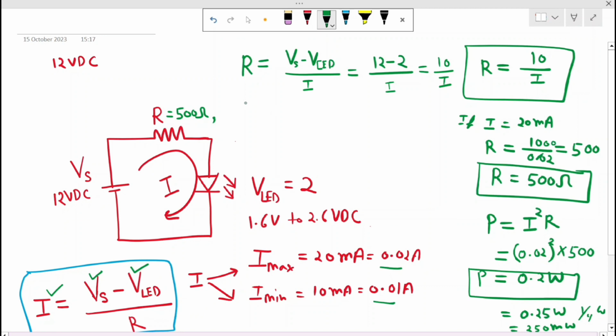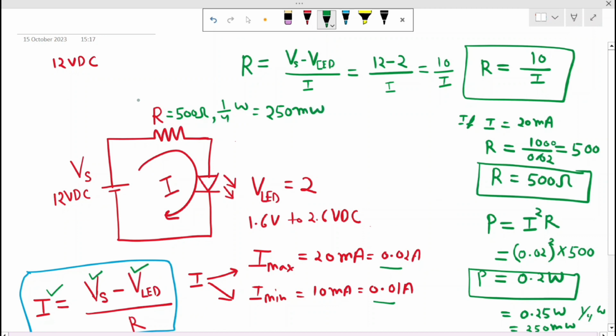So here we will take the resistance power as 1/4 watt, or 250 milliwatt, so that it will not heat and it will not burn.